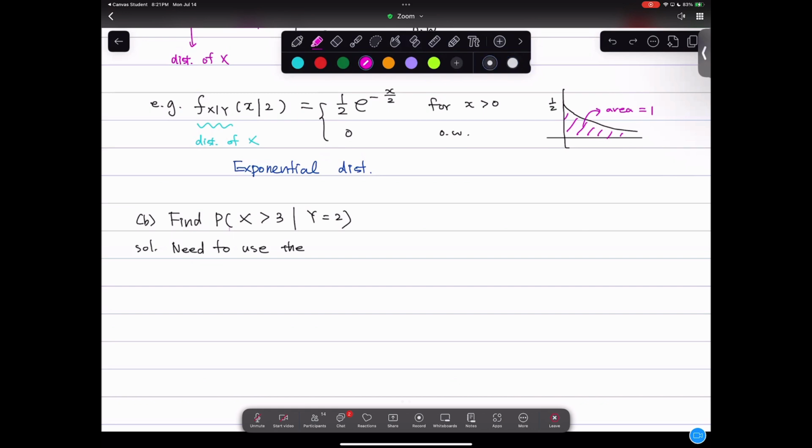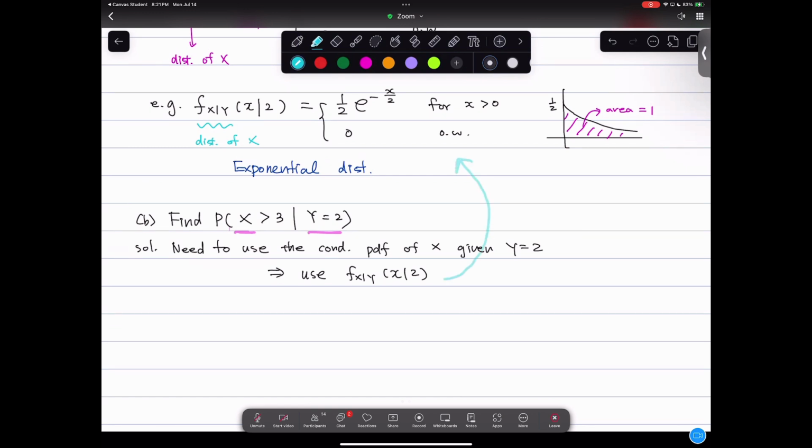So here goes: the conditional PDF of x given y equals 2, which means we need to use f of x given y with y being 2. I just did it right here.